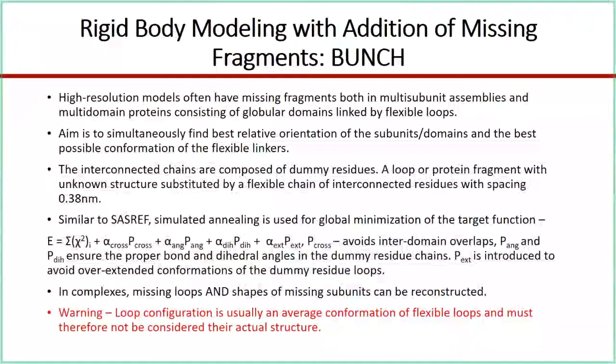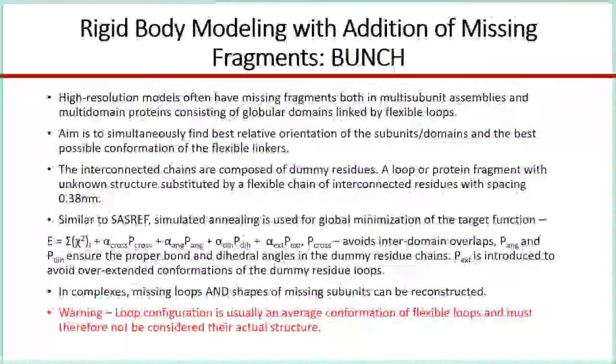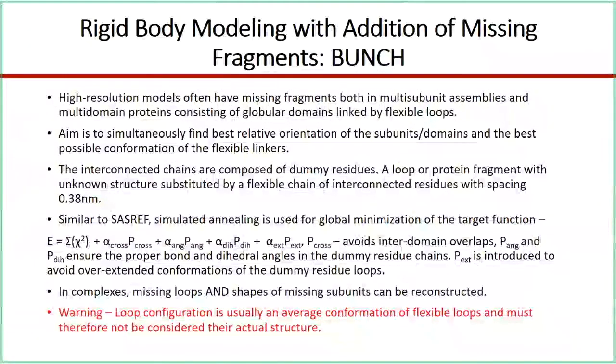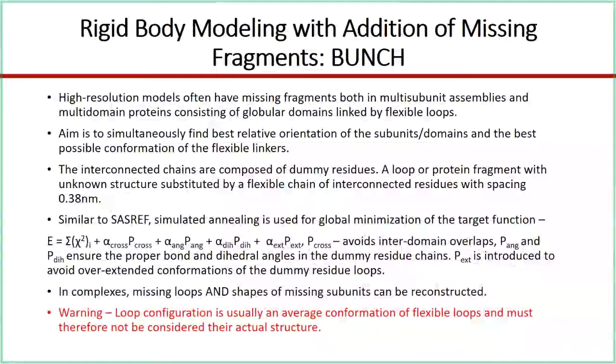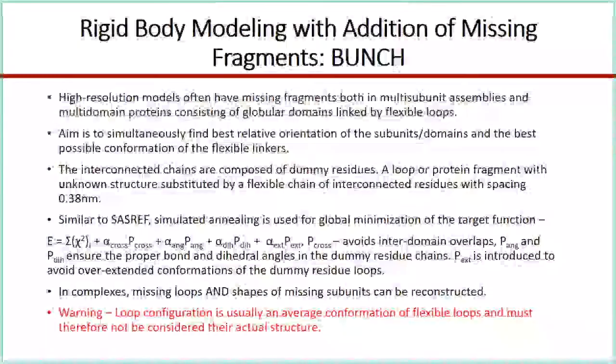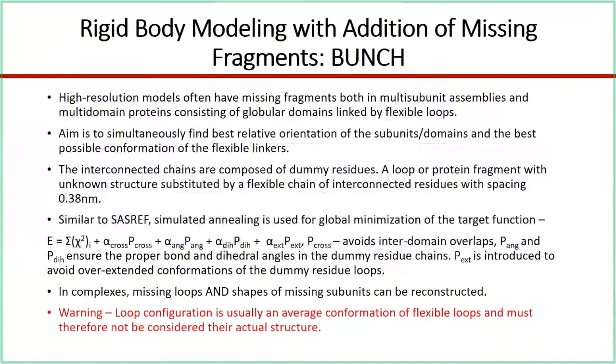The aim is to simultaneously find the best relative orientation for the subunits and the best possible conformation of the flexible linkers. The gaps are filled using dummy residues, and a loop or protein fragment with unknown structure is substituted by a flexible chain of interconnected residues with a spacing of 0.38 nanometers.